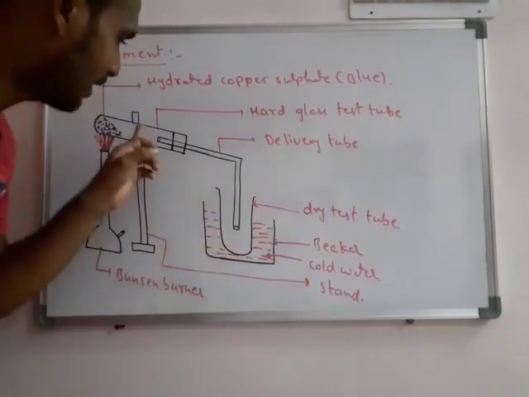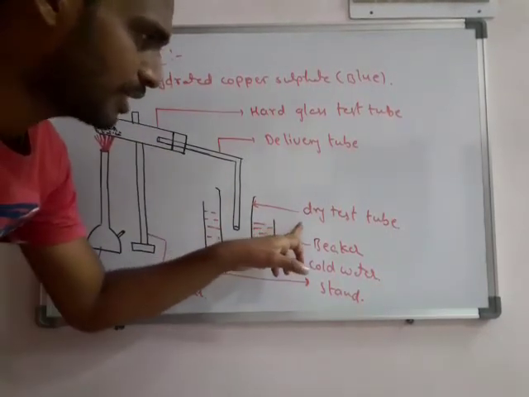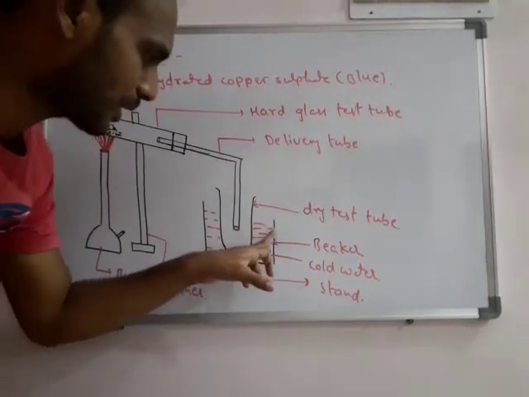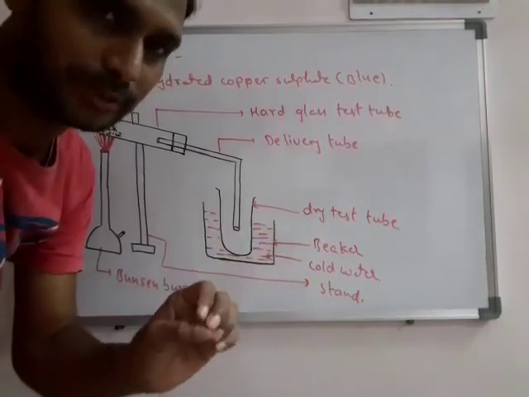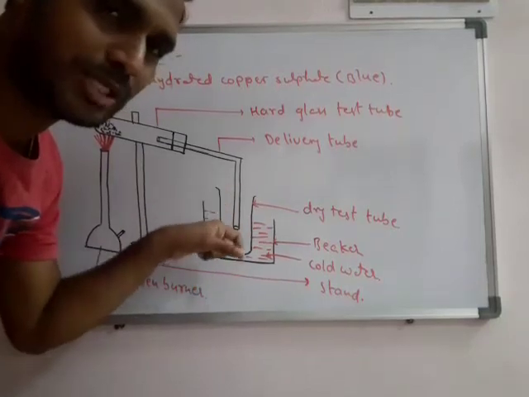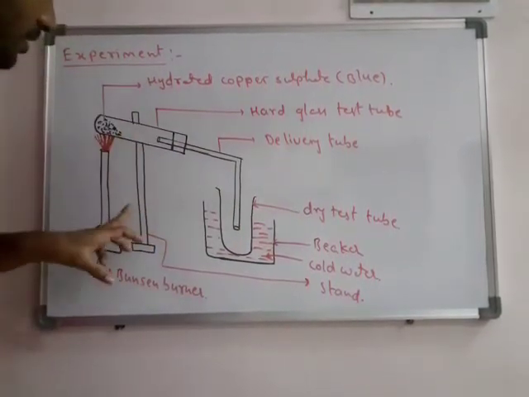One end is in the tube, the other end is in a dry test tube. This dry test tube is present in a beaker which contains very ice cold water. We fix the end of the side tube into that dry test tube. It is totally fixed with a stand.